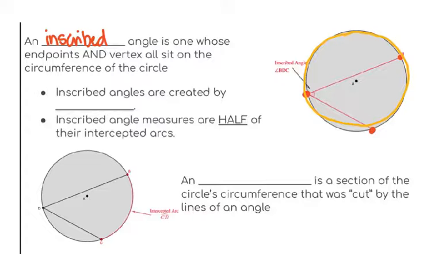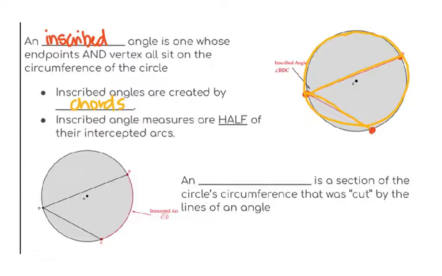Okay? Now, a couple of properties of inscribed angles. Remember when we talked about central angles and how they're formed by the radii. Now these are not radii. You'll notice that these are what we call chords. So inscribed angles are created by chords.